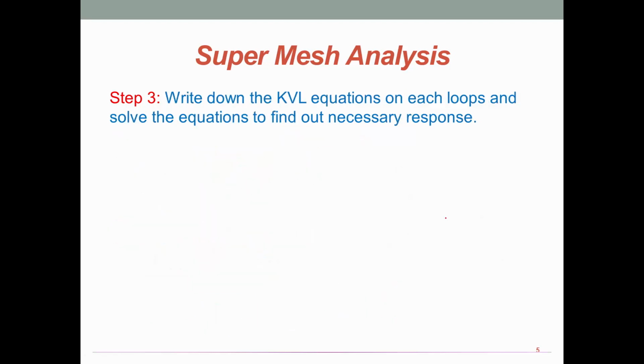Let me go to step number 3. Write down the KVL equation on each loop, and solve the equations to find the necessary response. Instead, you can also say on the supermesh.